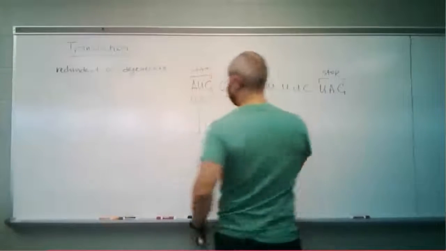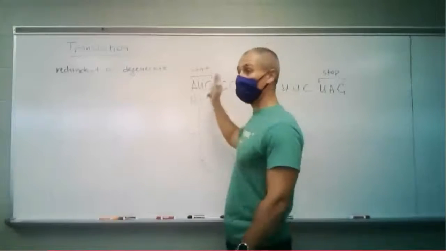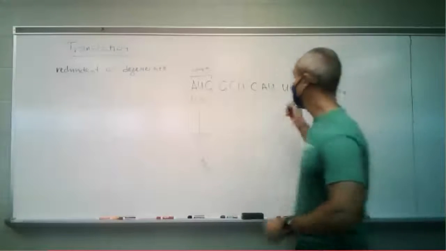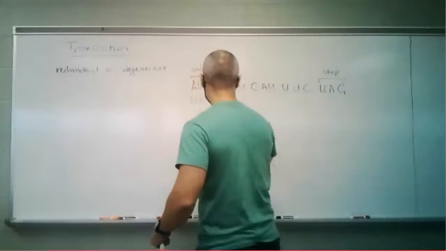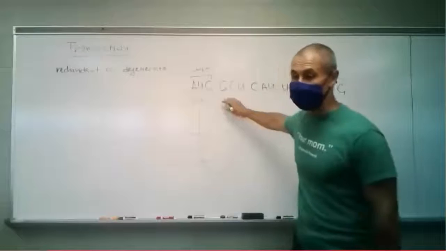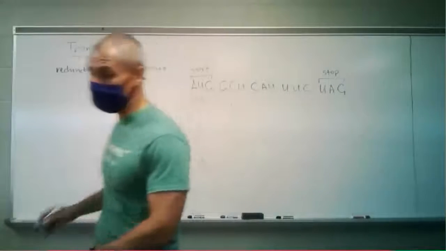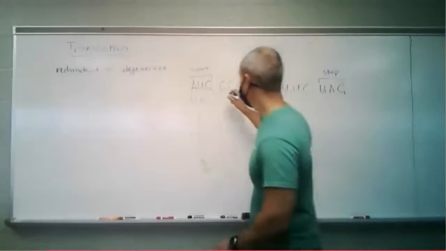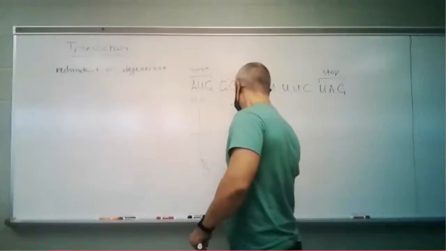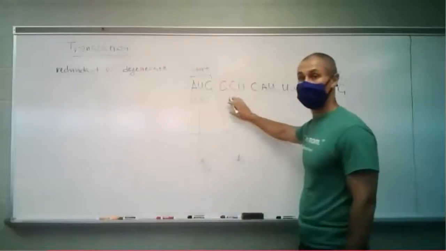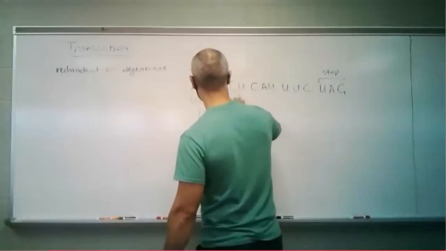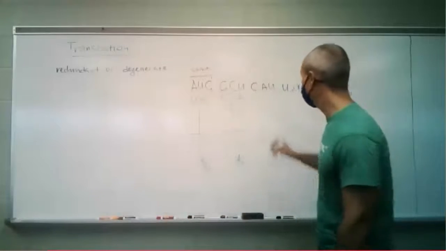Okay? So this is how tRNA knows. This is how the proper tRNA is incorporated right here. Does that make sense? What's going to be the anticodon for the next one? For alanine. What will be the anticodon right here? C, very good. CGA.